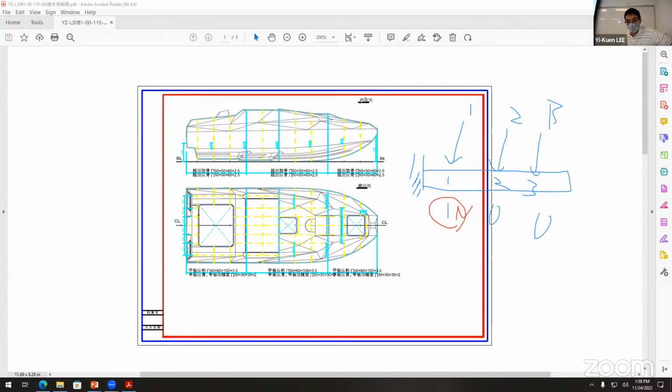So x1, x2, at least this kind of thing is enough, plus additional x3 in this direction. Or maybe you also need to describe an additional rotation. That's another important thing.